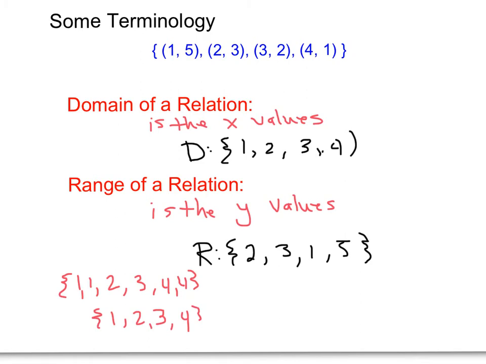We don't write a number more than once. The domain and range is just to simply show what values of x we have and which values of y we have.